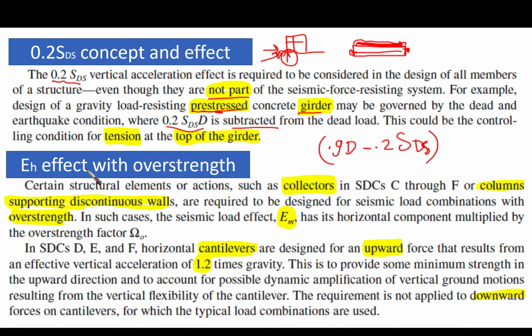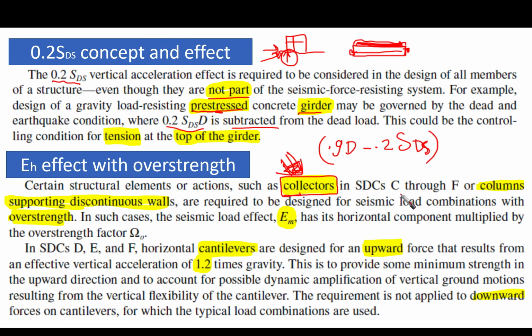EH effect with overstrength. Certain structural elements or actions such as collectors, especially collectors. I'm going to talk about collectors later in detail. Just remember that they are elements collecting the loads from the main lateral resisting systems whenever there are discontinuities.